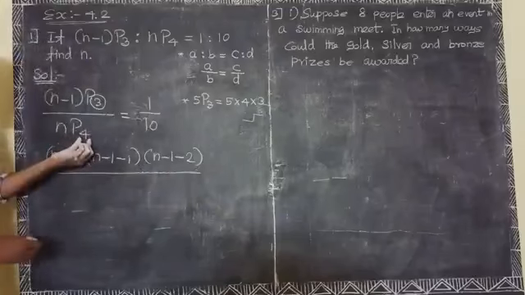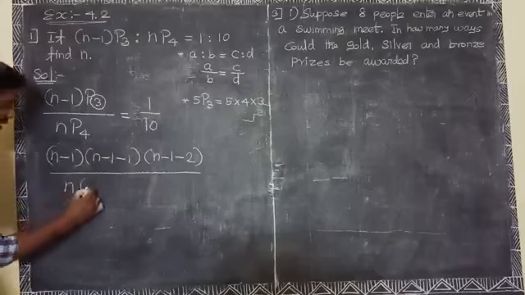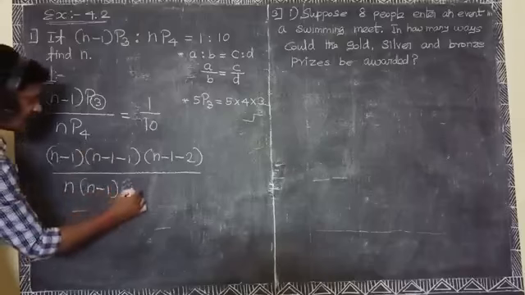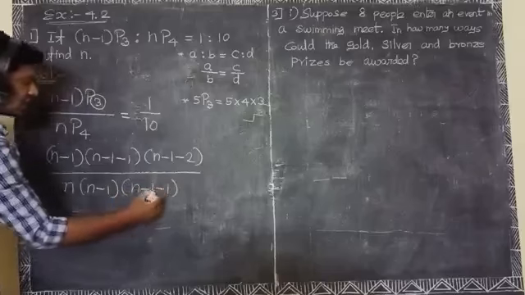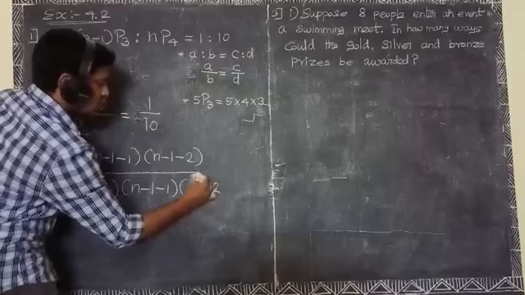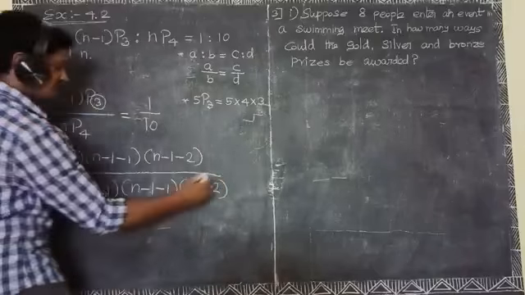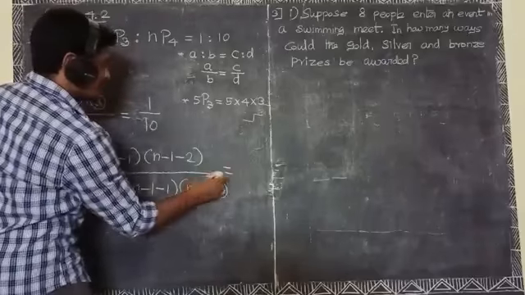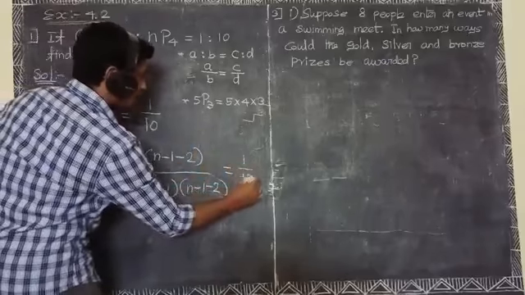We take 4 objects: n into (n minus 1) into (n minus 2) into (n minus 3), which is equal to 1 divided by 10.